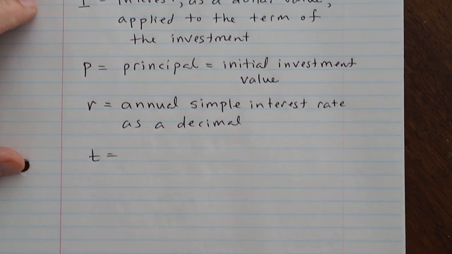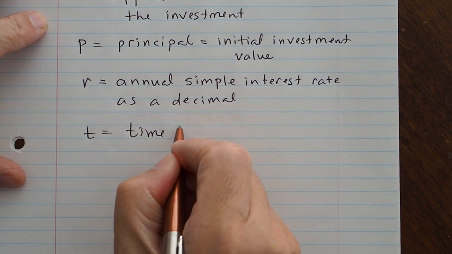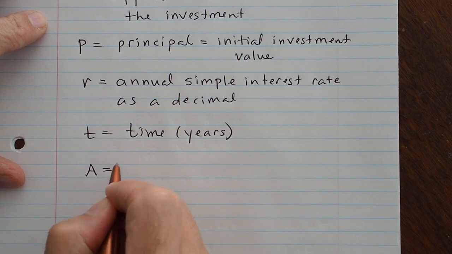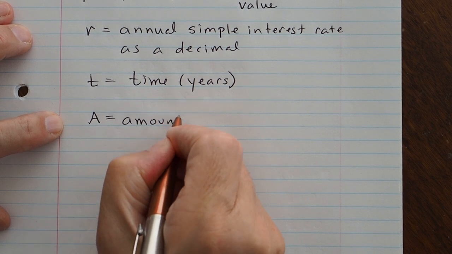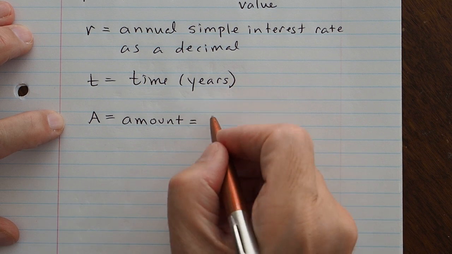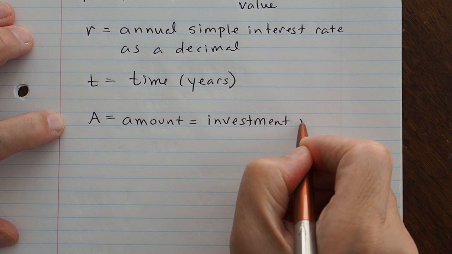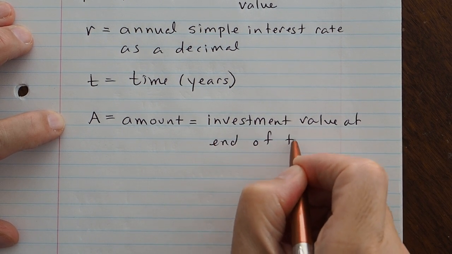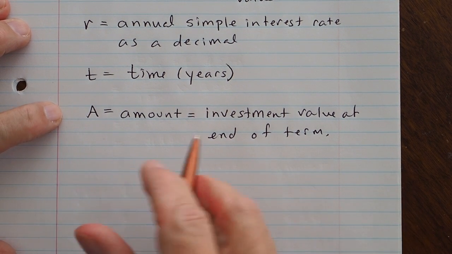T is time, and it must be in years. The only other letter we haven't dealt with yet is capital A, and that is called the amount. And that is equal to the investment value at the end of the term, or the amount you pay back at the end when your loan is due.